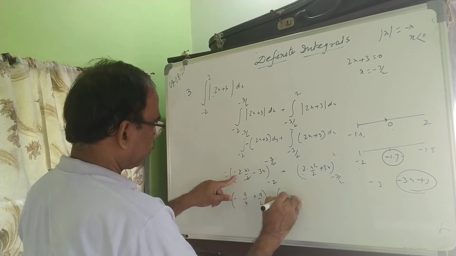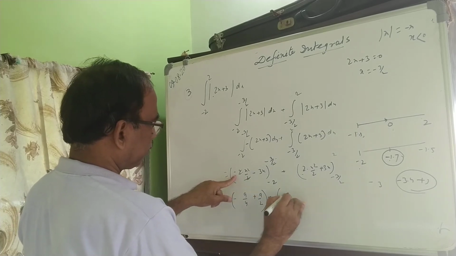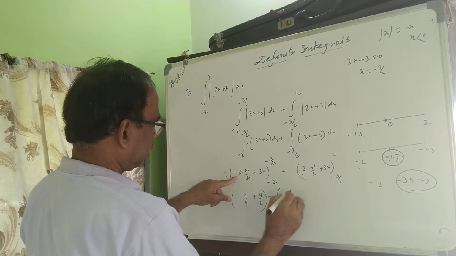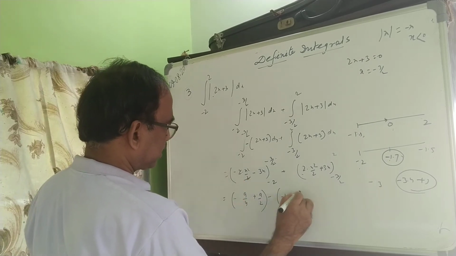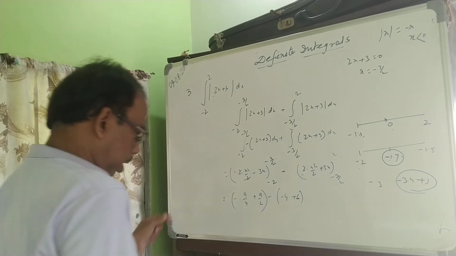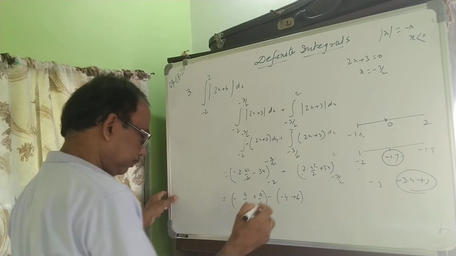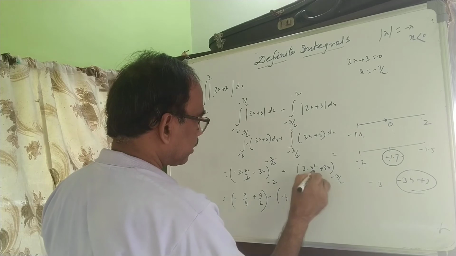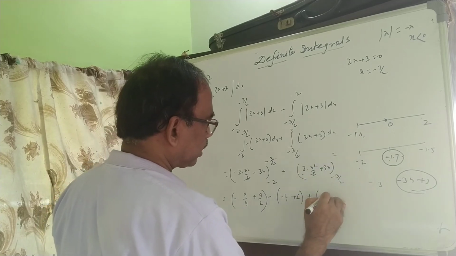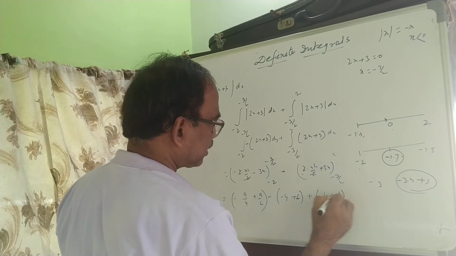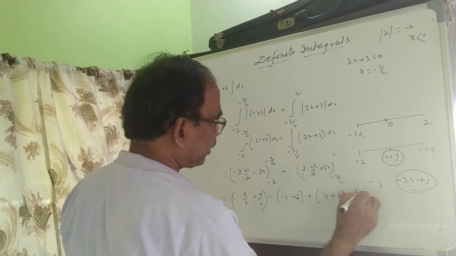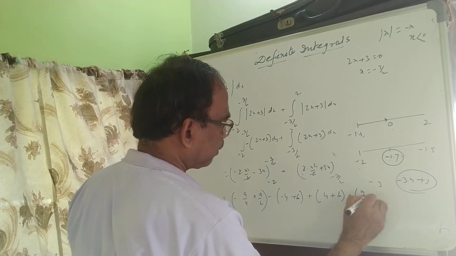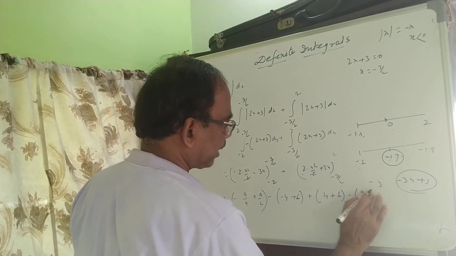minus 4 plus 6, plus upper limit is 2, that is 4 plus 6 minus lower limit 9 by 4 plus minus 9 by 2.